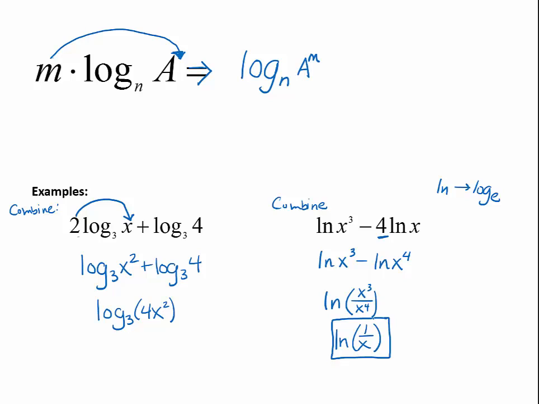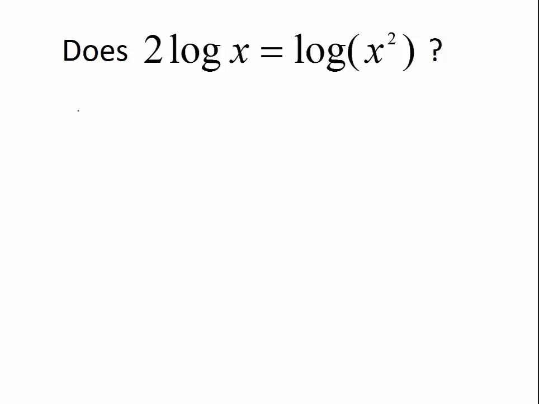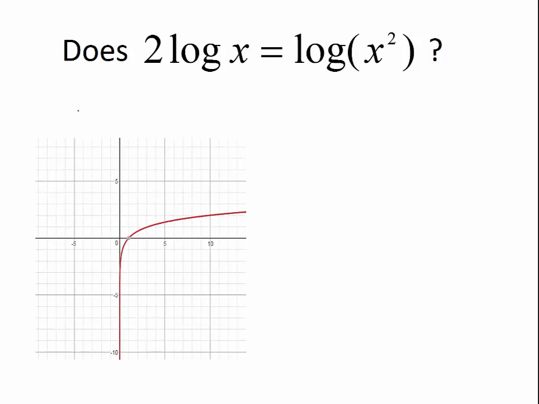Now, I did specify that this rule only works in this direction. It does work in the other direction, but not for every situation. So I'm going to give you an example. Would 2 log x equal log of x squared? I always like to think about equality of things having the same exact graph. So I graphed 2 log x.